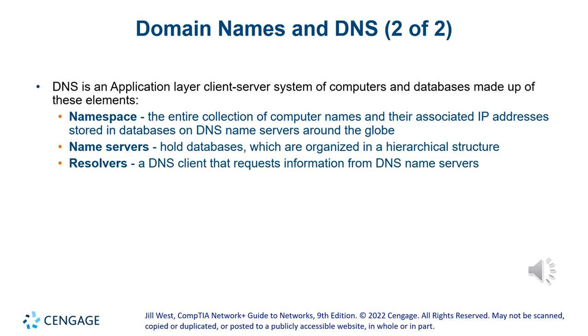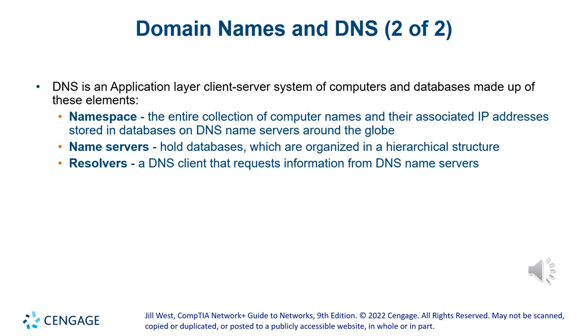So on the DNS name, you have the namespace. The namespace is your entire collection of names that you have. Jobs.mdc.edu, phonebook.mdc.edu. All those namespaces that we have, it's that collection, all those DNS names that belong to us, right?